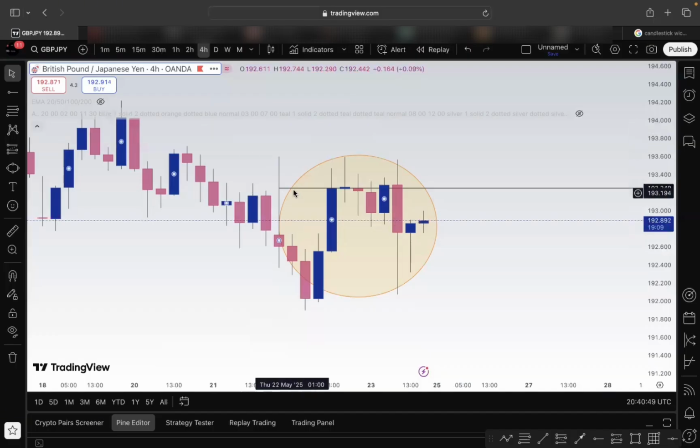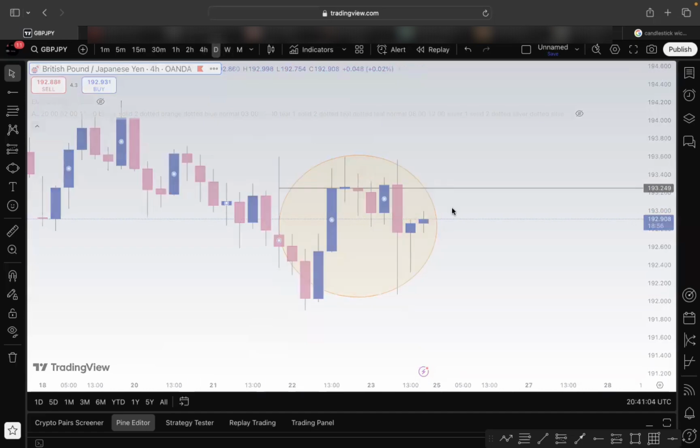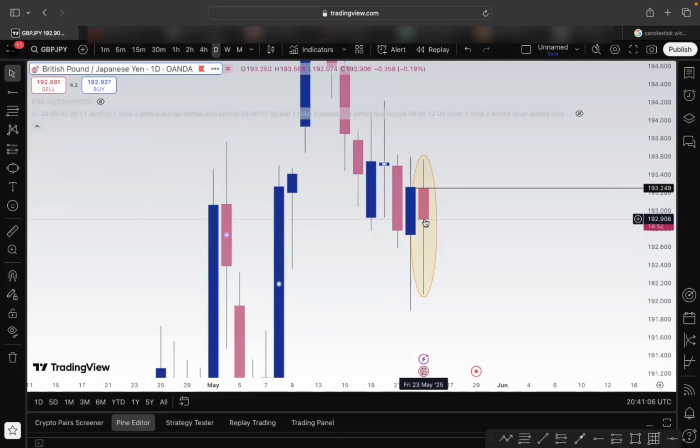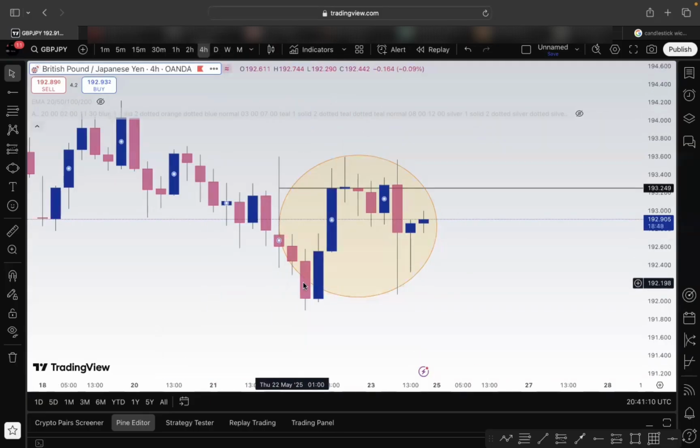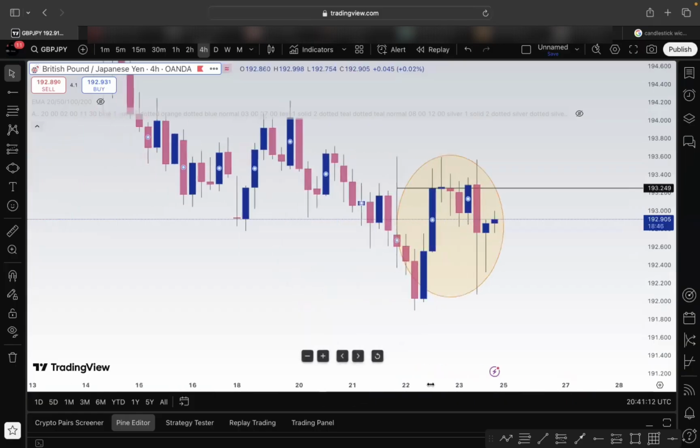The market isn't giving us all that information directly, but based on the open and close of that daily, we can identify it. That's why we have a bearish candle here, because that's the open, and this is where price is. From daily to 4 hour, we have a number of candlesticks here.